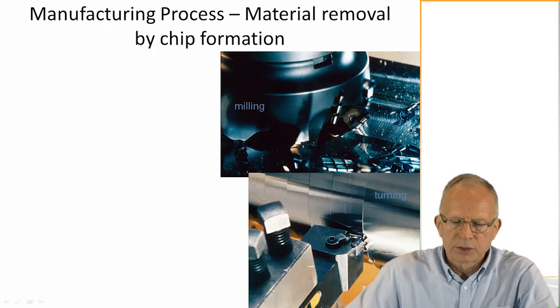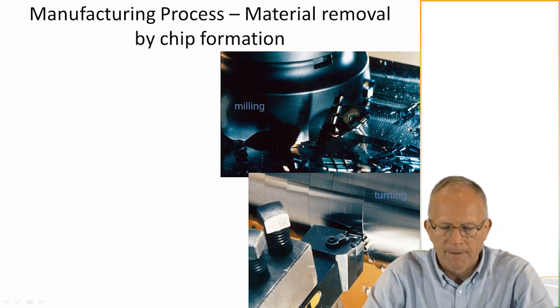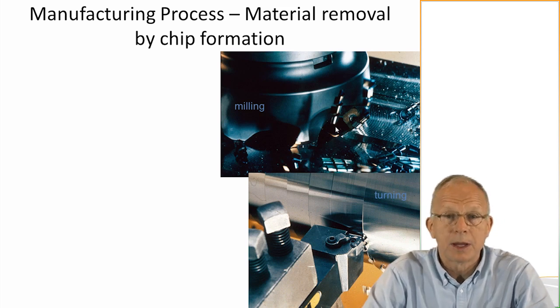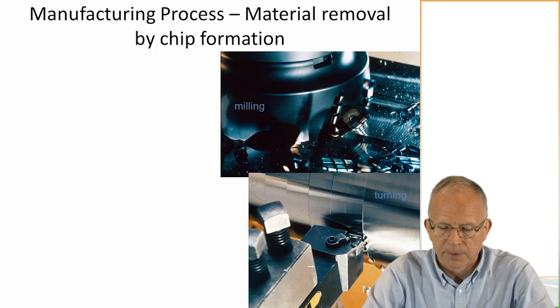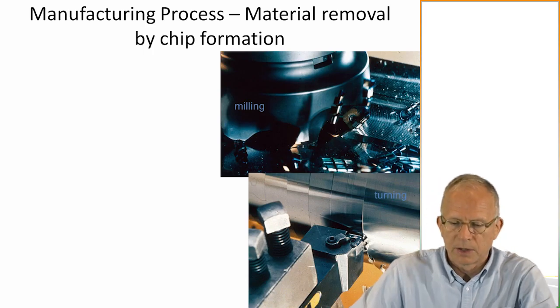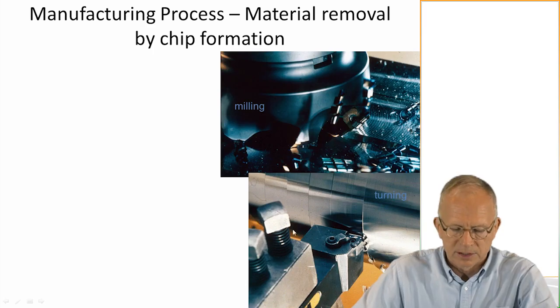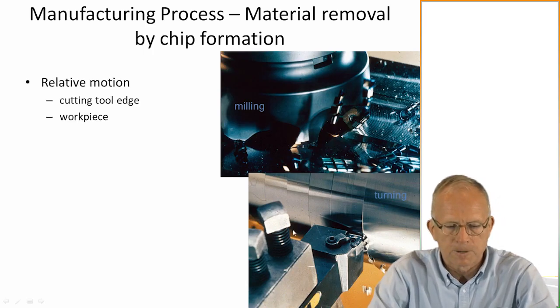As we look at the most common examples, milling, and actually the first milling machine, according to some history, was made in New England by Eli Whitney in Connecticut, and turning, and there's an example of a close-up of turning.